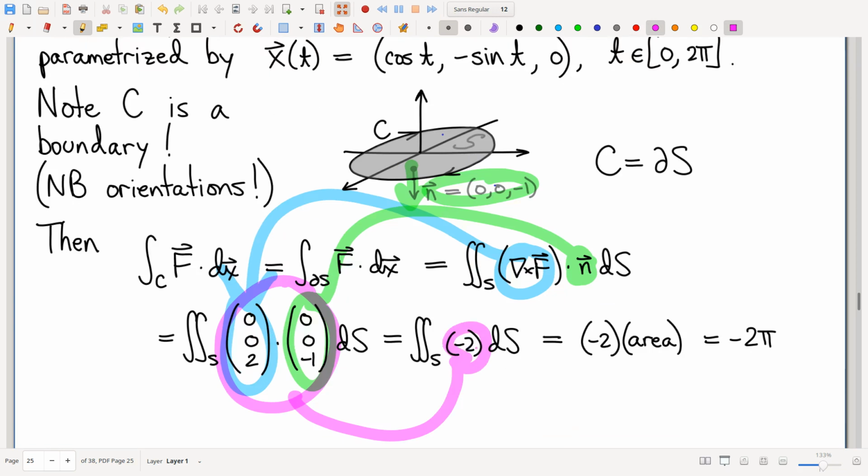The integrand's just -2, and of course, being a constant, that just factors out. And now you have -2 times the area, and you win. Everybody happy? All right, so always be on the lookout, always head on a swivel looking for little free opportunities like this that do present themselves surprisingly often.